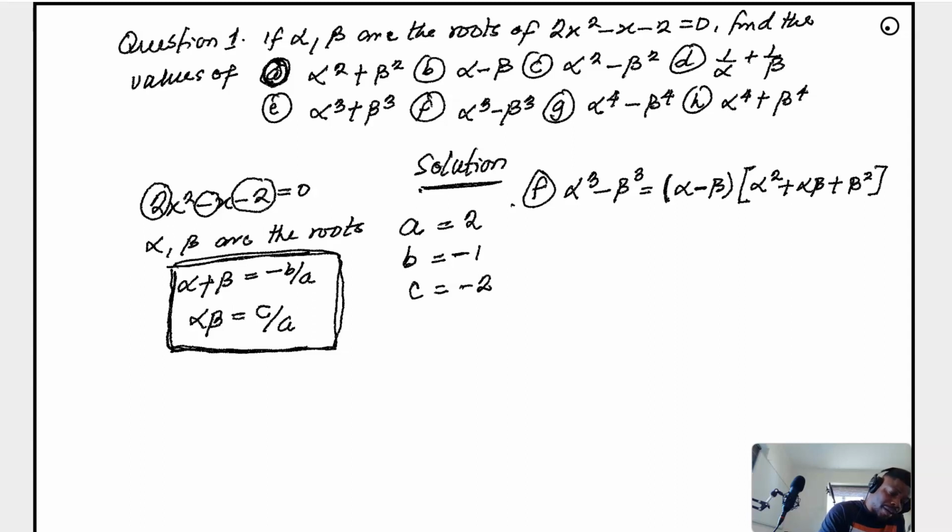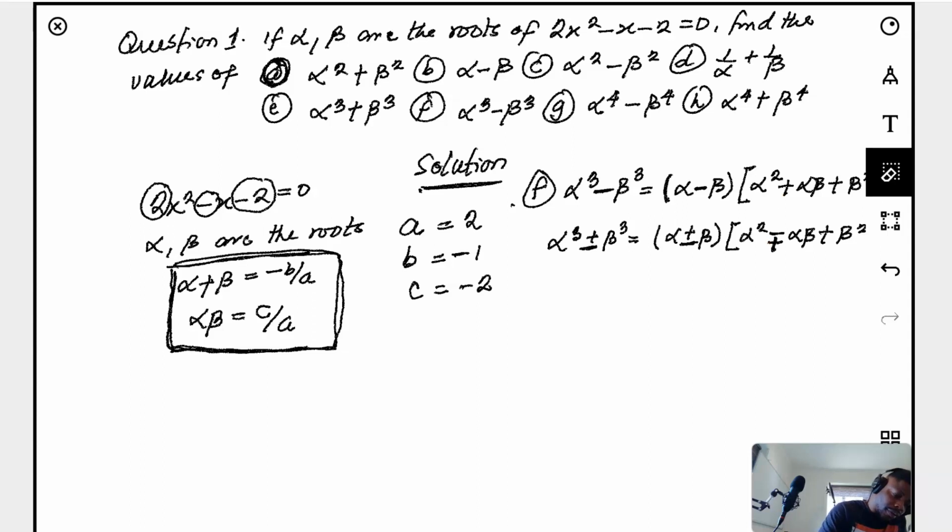Okay, remember when I was talking about plus or minus beta cube, and I said you are going to use what you have up for what you have up and what you have down for what you have down. So here, because our question is minus, I'm using minus, minus, and plus. That is why we have that. Okay, so just for you to remember that.